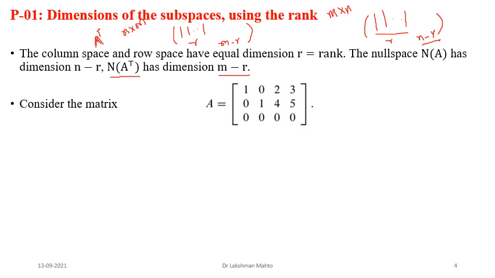So it gives a very feasible relation about dimension. This law is talking about it this way: the dimension of the row space, that means the column space of A transpose, from the source space perspective.